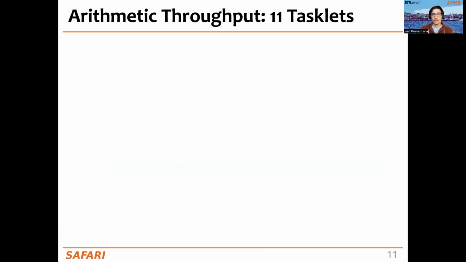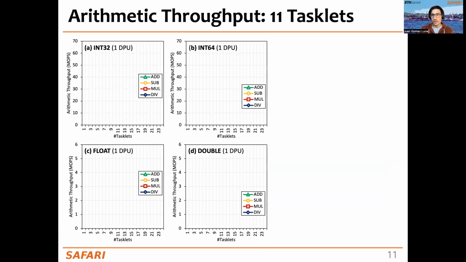So let's take a look at the arithmetic throughput using this microbenchmark and similar microbenchmarks for different types of operations and data types. Here on the slide, you can see 4 plots, and for each plot, we have the arithmetic throughput on the y-axis in mega operations per second, and the number of tasklets between 1 and 24, which is the maximum number of tasklets.